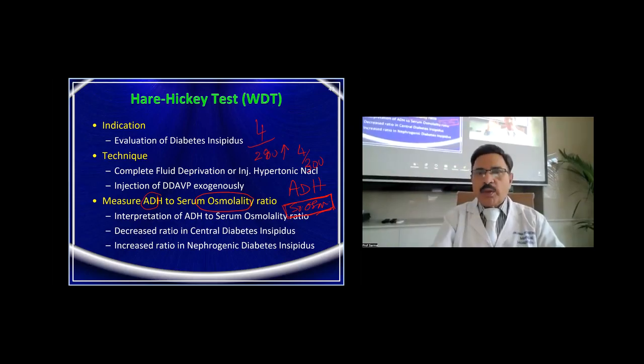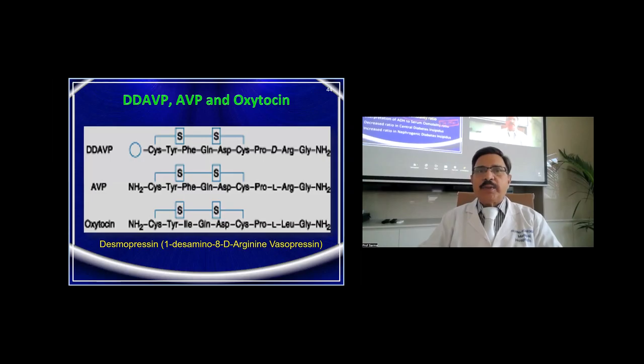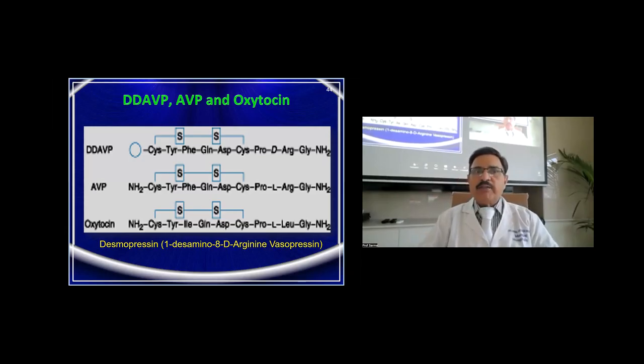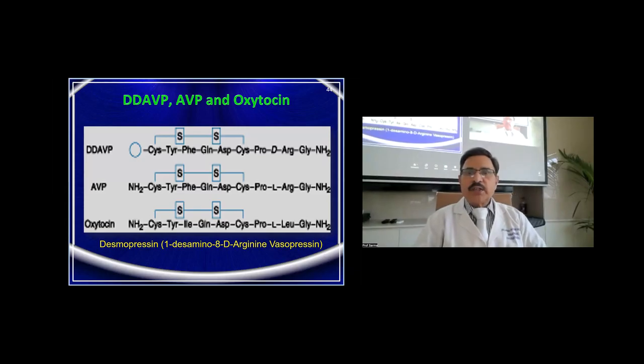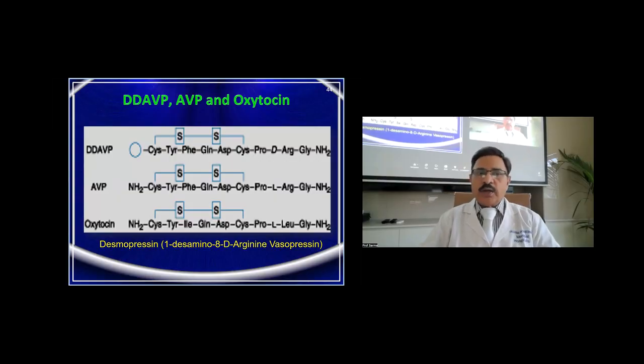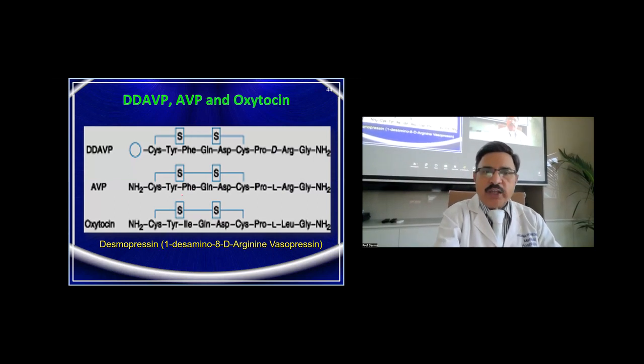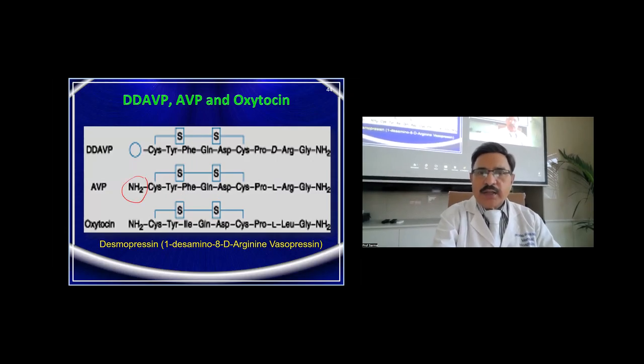Now, what are DDAVP, AVP, and oxytocin? These three are almost similar molecules. AVP is arginine vasopressin. DDAVP is a synthetic vasopressin. Oxytocin is the one which acts on the uterus and which obstetricians use. It also raises the blood pressure. Look at the chemical structure. AVP has an amino terminal, cysteine, tyrosine, phenylalanine, glutamine, asparagine, cysteine, proline, then L-arginine, glycine.